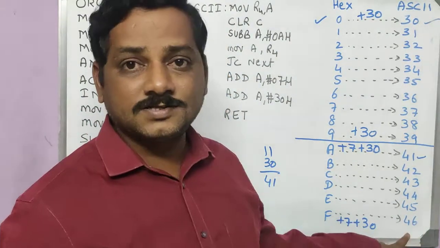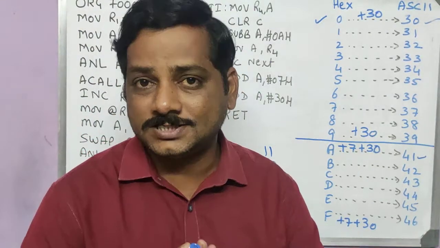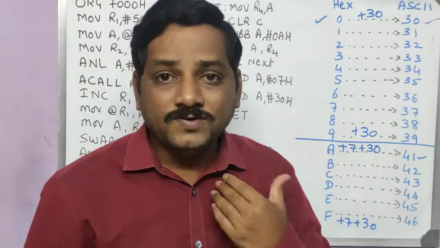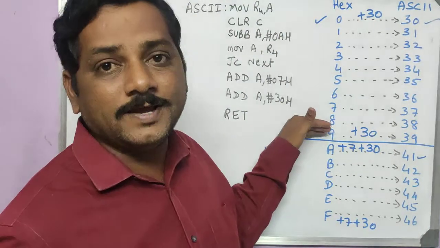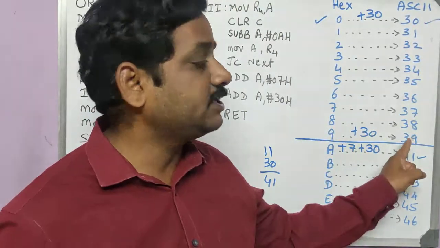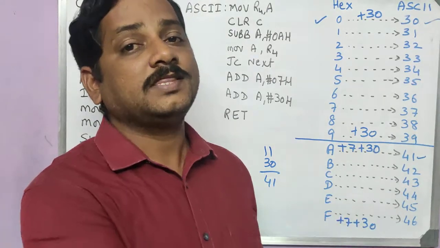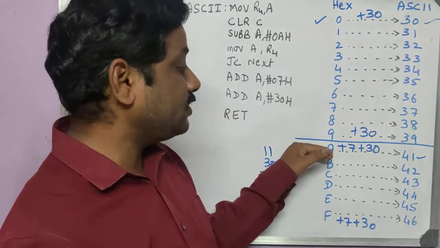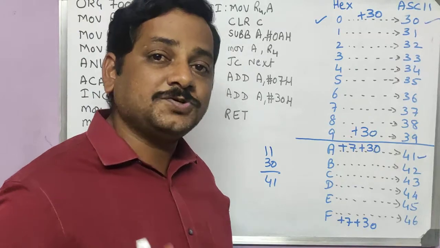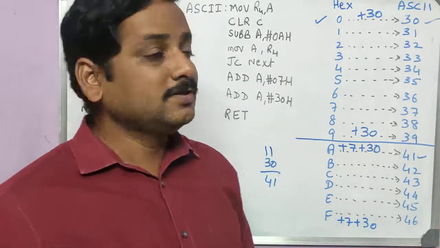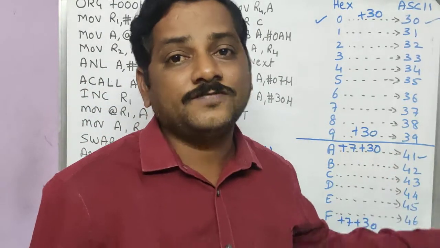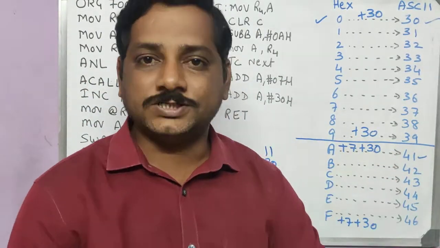So you got 46. Here you should understand that if the data you are giving is less than A, just add 30 to get the ASCII value. If it is equal to or greater than A, you should add 7 first and then add 30. Then you get the ASCII conversion. So this is the logic.